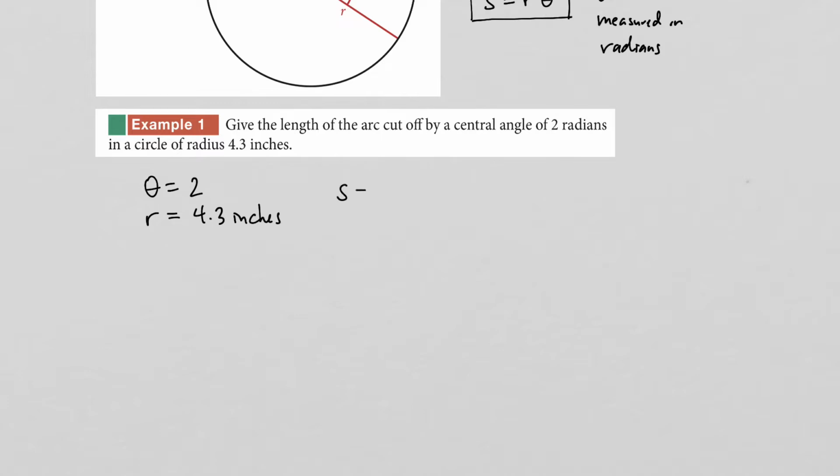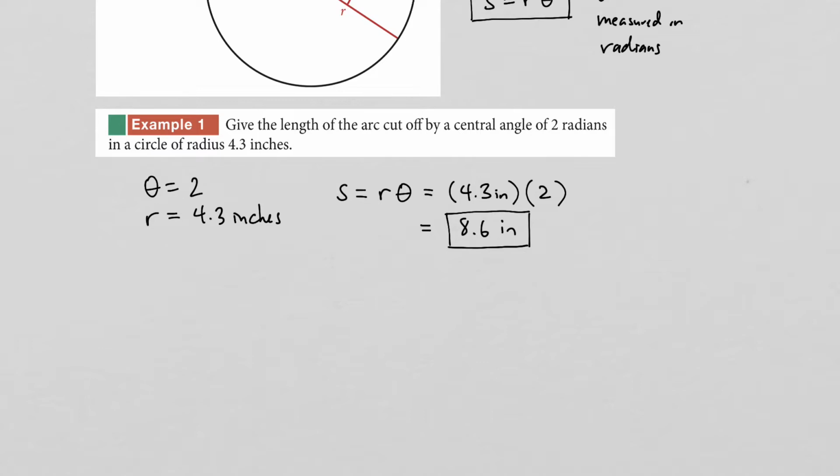So the formula says the arc length is equal to R times theta. So we take the radius R, which is 4.3 inches. We multiply it by theta, which is 2. And this gives us 4.3 times 2, which is 8.6. And notice that we still have inches left over. So the length of the arc in this case would be 8.6 inches.